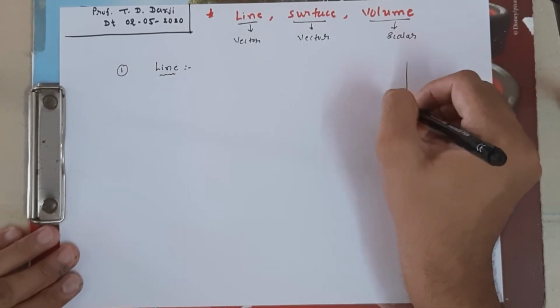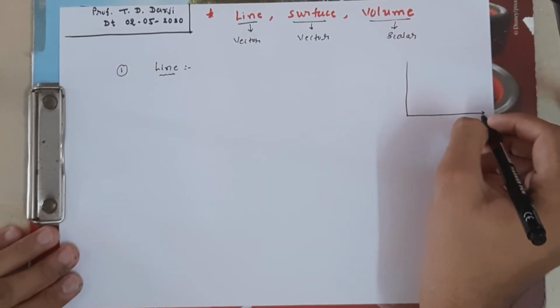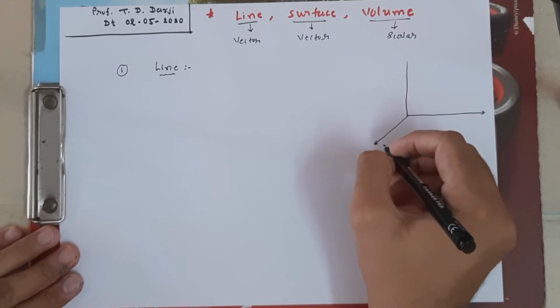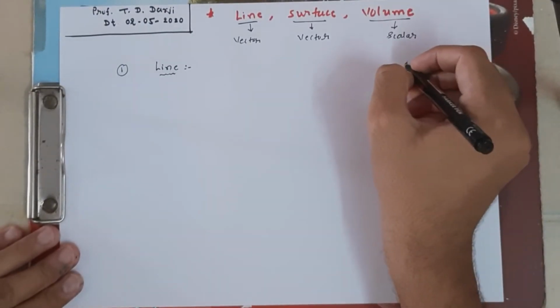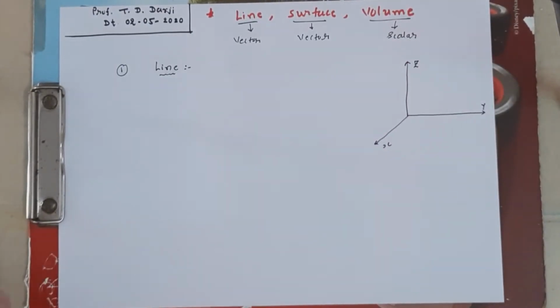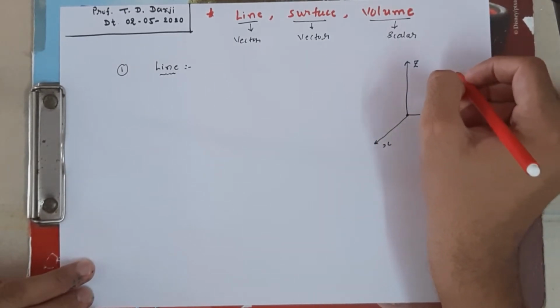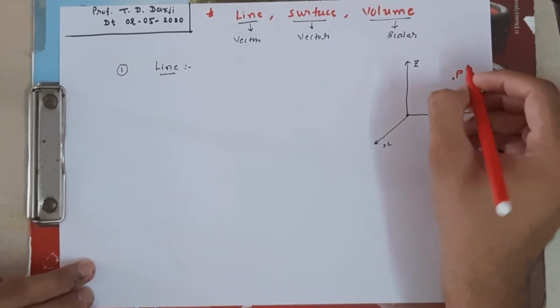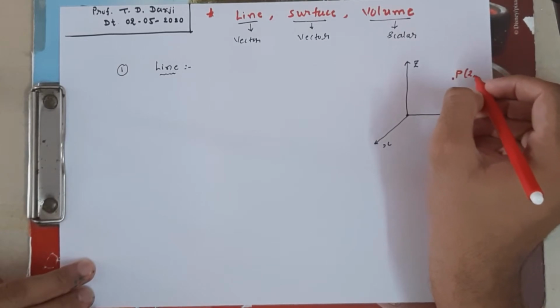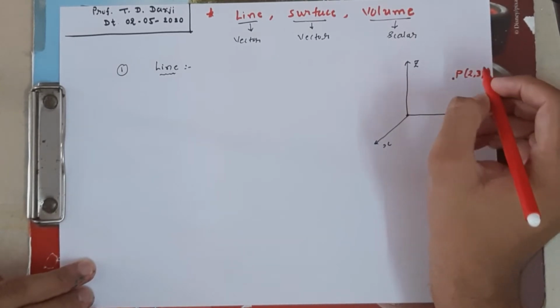I will draw this so you can easily understand the concept. It is the x, y, and z axes. Suppose one line is present. This is the origin, and this is my point P, which has coordinates 2, 3, and 1.